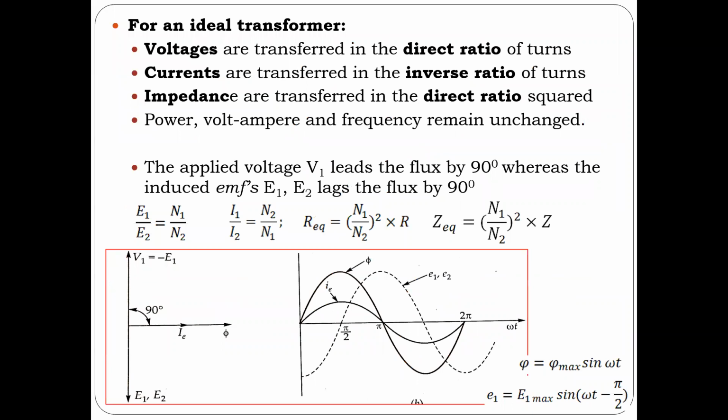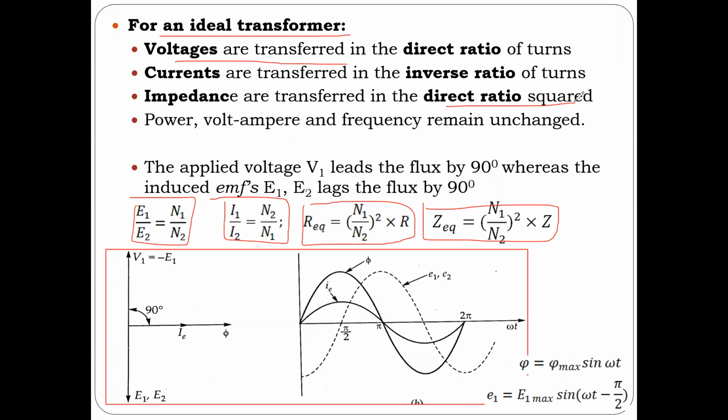So we understand from this exercise that for an ideal transformer, the voltages are transferred in direct turns ratio. The currents are transferred from primary to secondary in the inverse ratio of the turns. The resistances or impedances are transferred in the direct ratio squared.